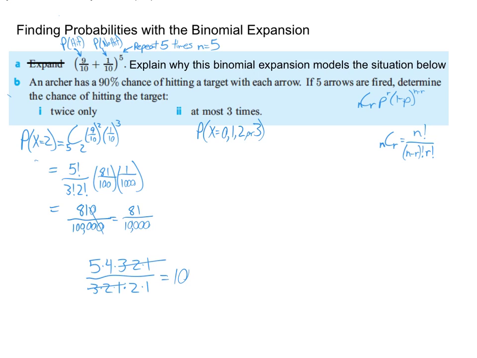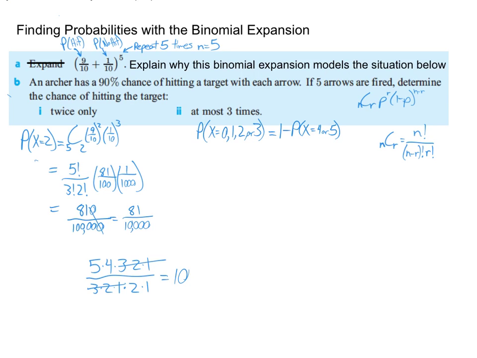What's an alternative to doing that though? Finding the probability of 4 and 5, and then subtracting from 1. So this is going to equal 1 minus the probability of 4 or 5, because finding 2 of them is going to be easier than finding 4 of them. But how do you know that?